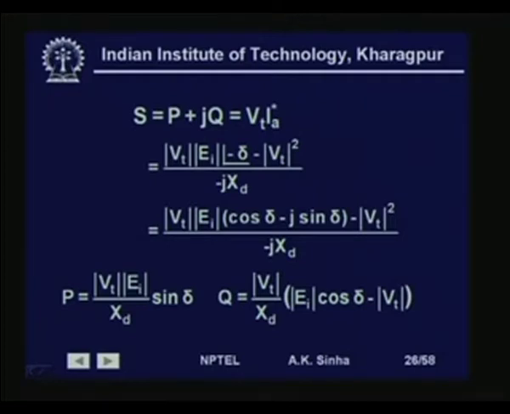Of course, there is a voltage relationship, but this dependence on sin delta is much more, because normally voltage is kept constant or very near to the rated value. But Q, if we want to change the reactive power output of the machine, then we have to change the excitation. By changing this EI, we can control the reactive power output of the machine very much.